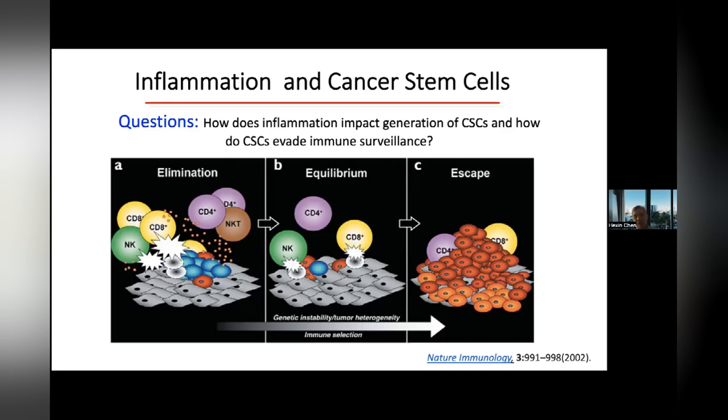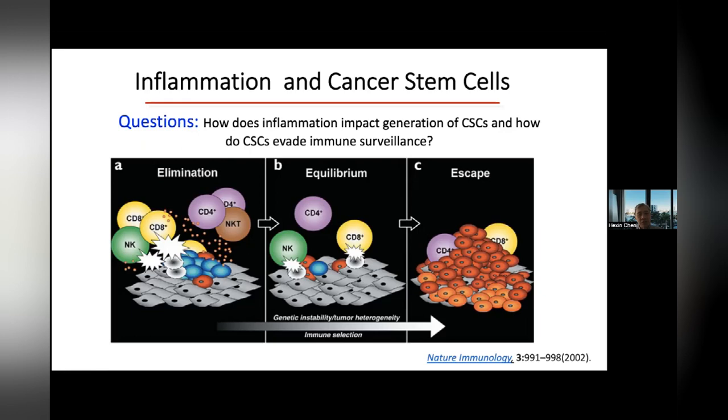Now we know that during tumor development, immune inflammation goes through different stages: the elimination stage, the equilibrium stage, and the escape stage. The first mutation will occur during tumor development, and the immune cells may be able to recognize this mutant cell, and then both innate immune cells and adaptive immune cells can be triggered to eliminate these cancer cells, and these cancer cells never become apparent.